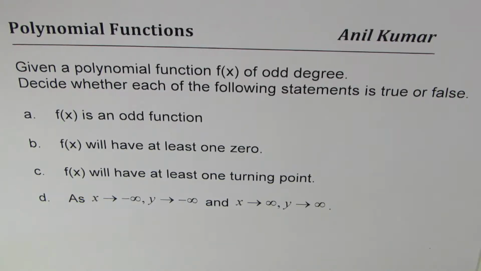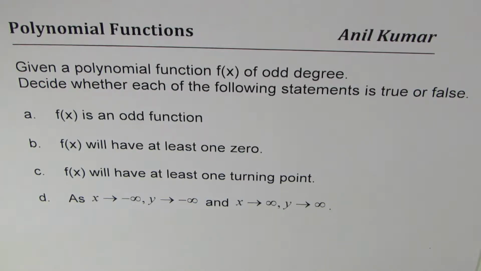C, f of x will have at least one turning point. And D is, as x approaches minus infinity, f of x approaches minus infinity, and as x approaches positive infinity, y approaches positive infinity. You can pause the video, answer the question, and then look into my suggestions.